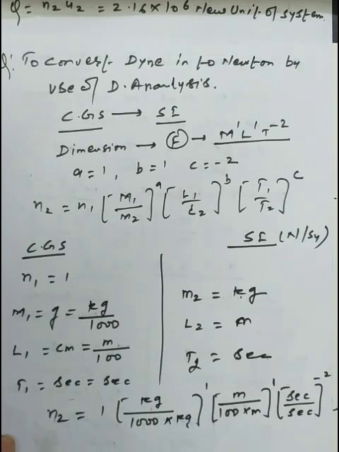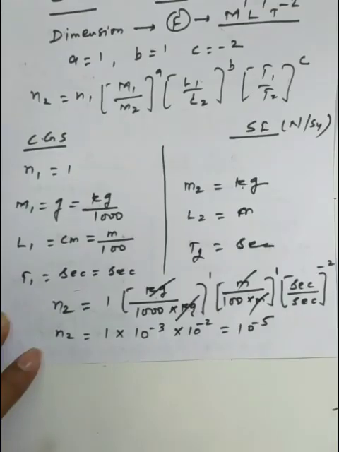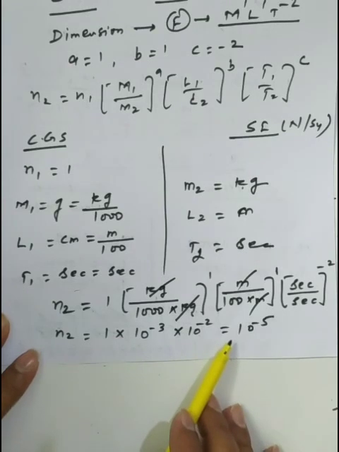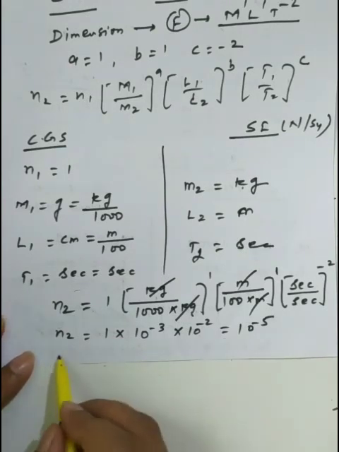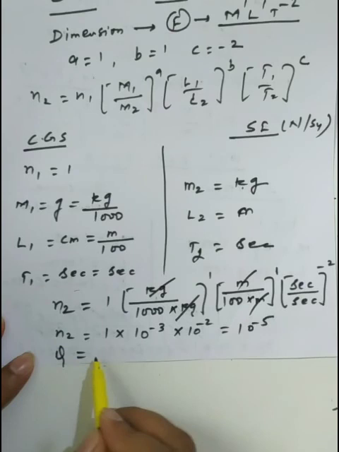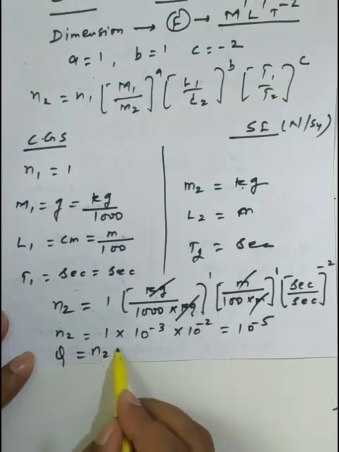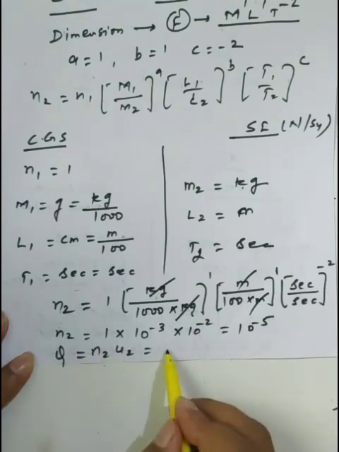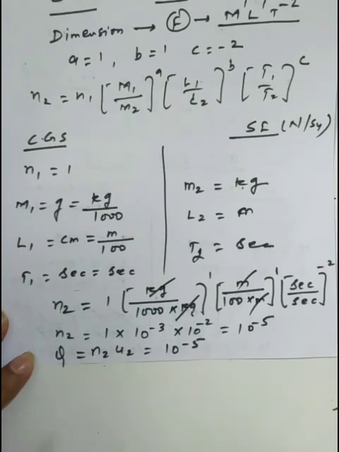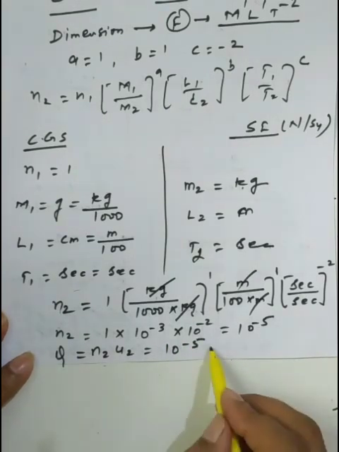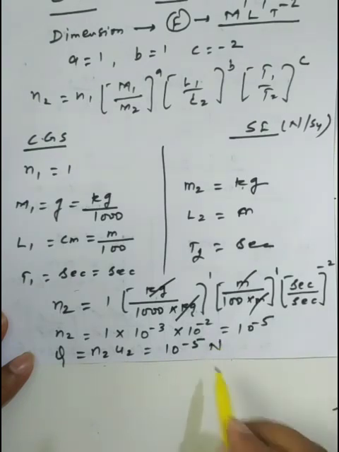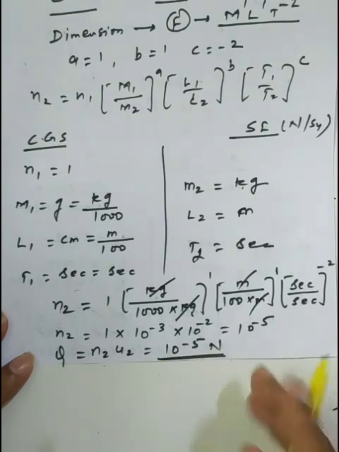So kilogram to kilogram, meter to meter cancel. Dear students, here we get the magnitude N2 is equal to 10 to power minus 5. Now we represent Q is equal to N2 U2 in the new system: 10 raised to power minus 5 is the magnitude, and the unit is the Newton. So generally this is the basic relation we have.